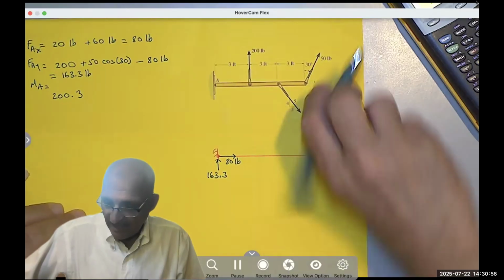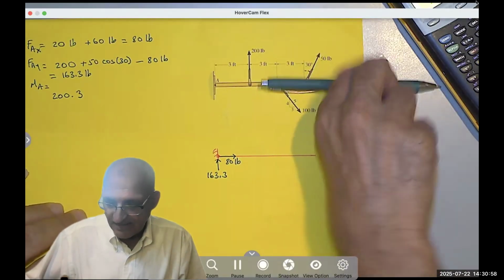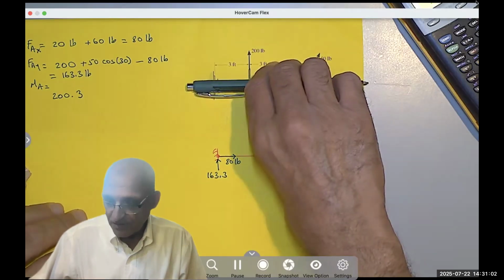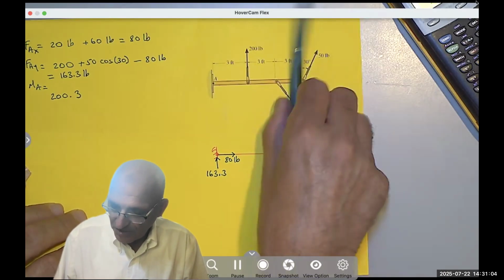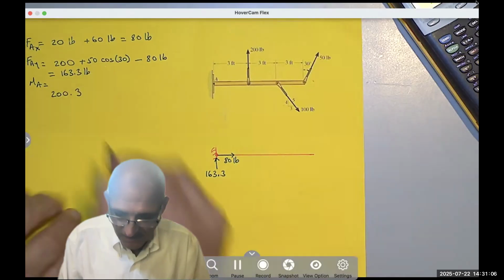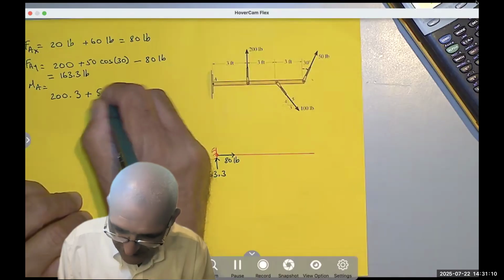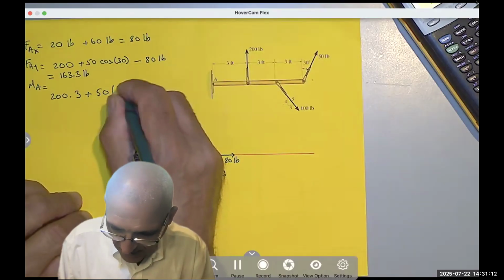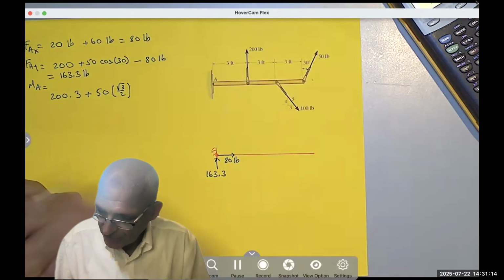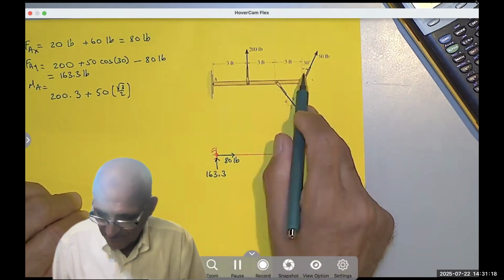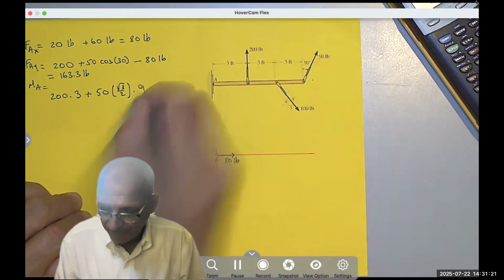The 50 has a horizontal component that doesn't produce moment because it passes through the support, and a vertical one, which is 50 cosine 30, going counterclockwise, so it's positive 50 cosine 30, which is √3/2, and that distance is 9, 3 plus 3 plus 3, times 9.